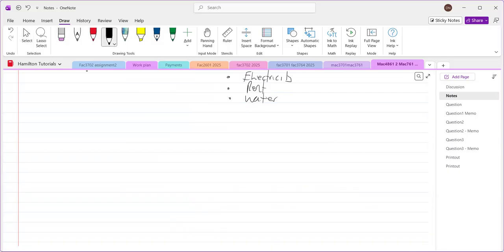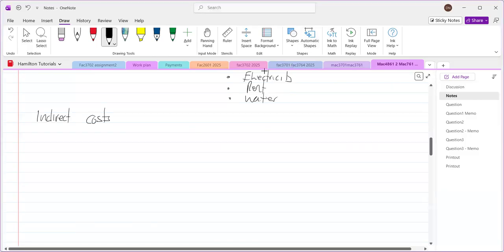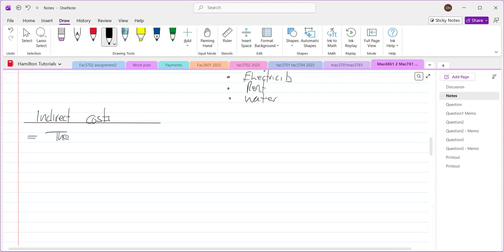Right, let's look at what we call indirect costs. So it's just the opposite now. Indirect costs: these are not easily traceable on the final products.